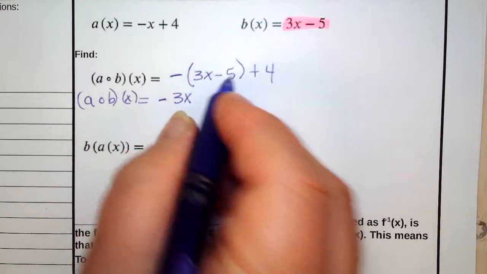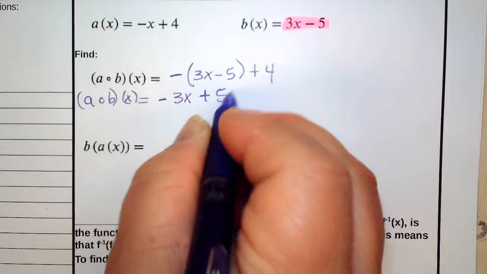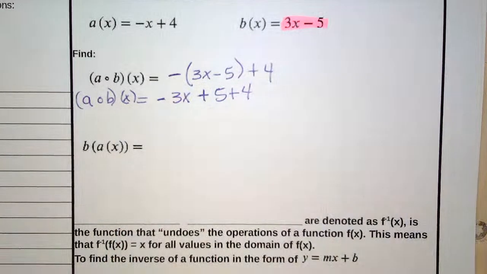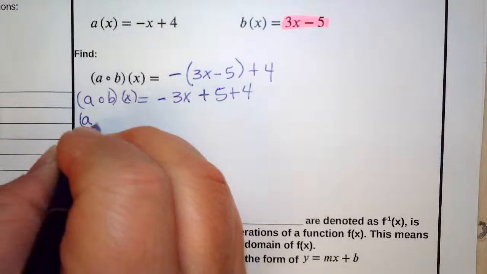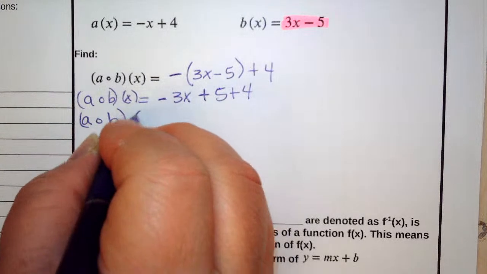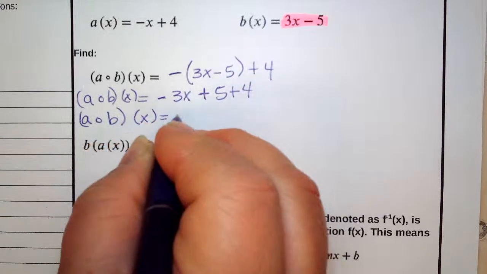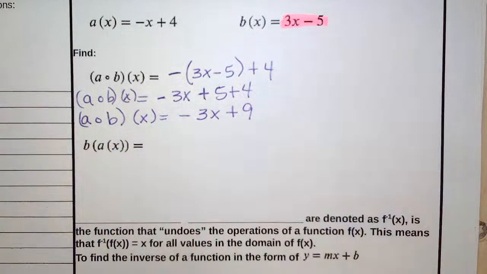The opposite of -5 is +5, plus 4. We are almost done. So when I take my function A and I insert my function B, I compose it with B, then I end up with -3x plus 9.